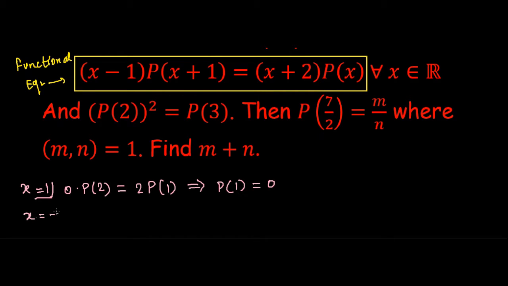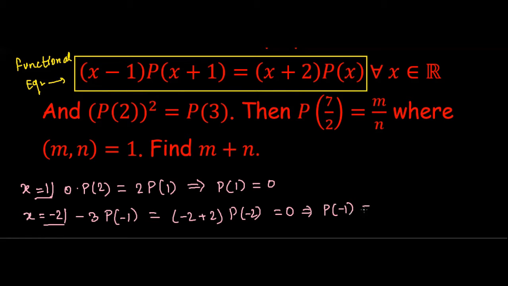Similarly, if we put x equals minus 2 in this equation, we get the left-hand side as minus 3 times p of minus 1, and the right-hand side will be 0 because it's minus 2 plus 2 times p of minus 2, and this is 0. So from here, we can say that p of minus 1 should also be 0.